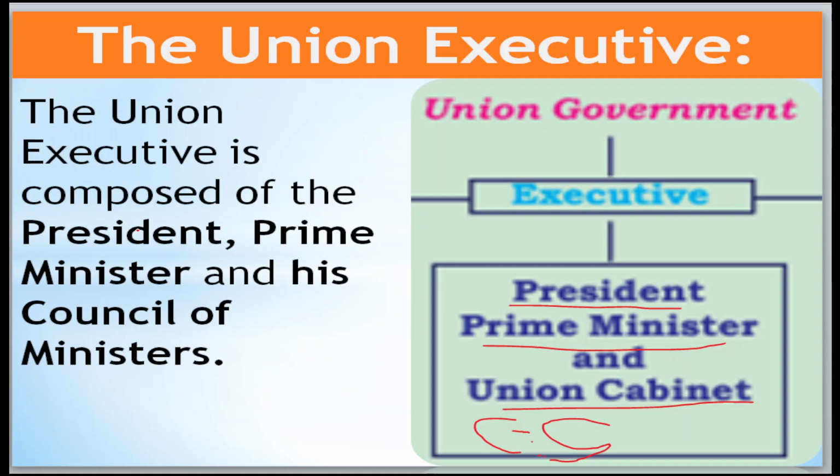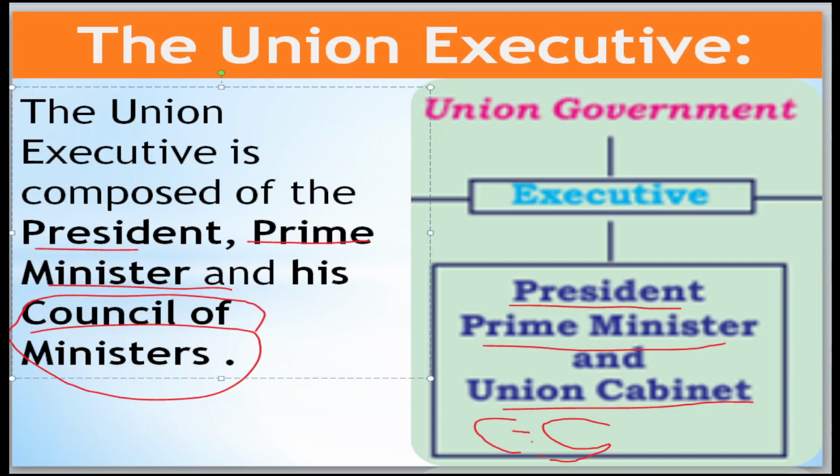The union executive is composed of the president, prime minister and his council of ministers, meaning the union cabinet. Along with this we have the civil servants also.